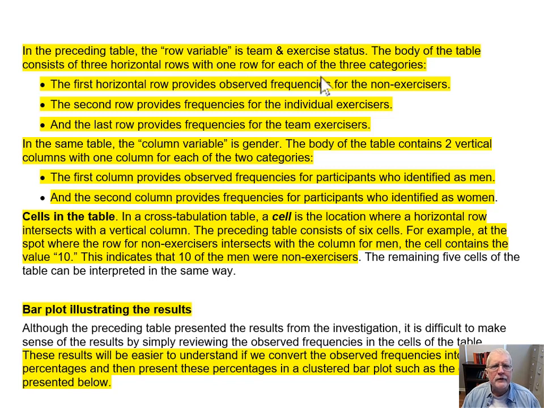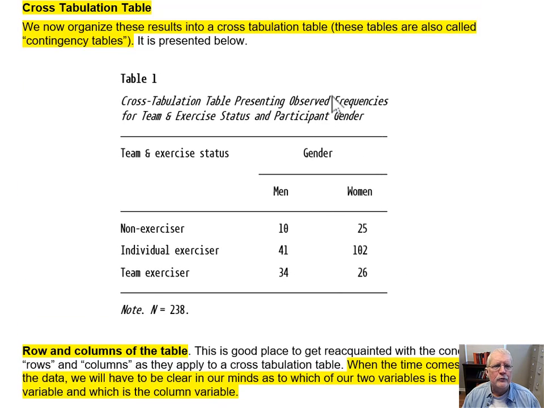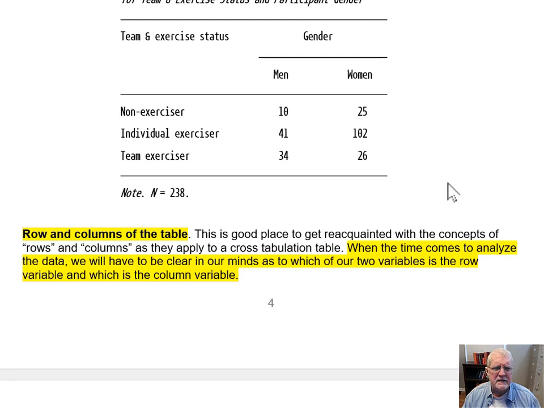The body of the table consists of 3 horizontal rows with 1 row for each of the following categories. The row variable is team and exercise status, because our 3 horizontal rows are the 3 categories under that variable. 1 row represents non-exercisers, 1 represents individual exercisers, 1 represents the team exercisers. So the row variable is team and exercise status.